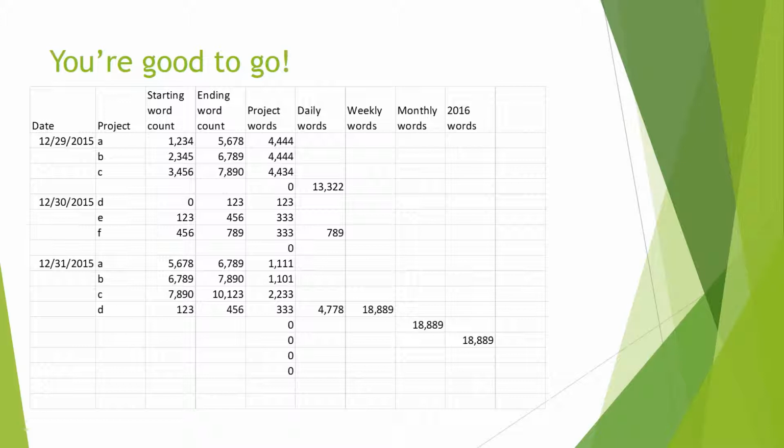What I tend to do is not cut and paste the weekly, monthly, or annual words. I don't usually do the weekly words until the end of the week, period. But I will then, once I've done that, set the formula for the monthly words so I can see, okay, now what does this week add to my month, and what does this month add to my year?